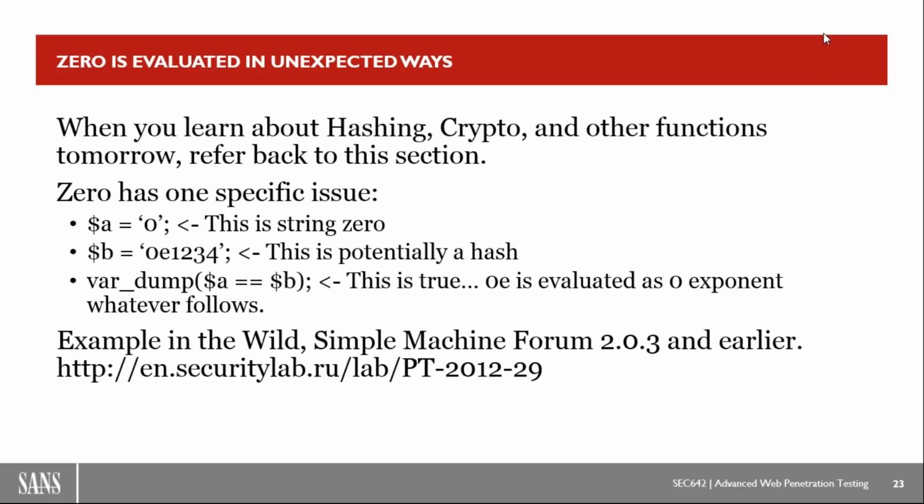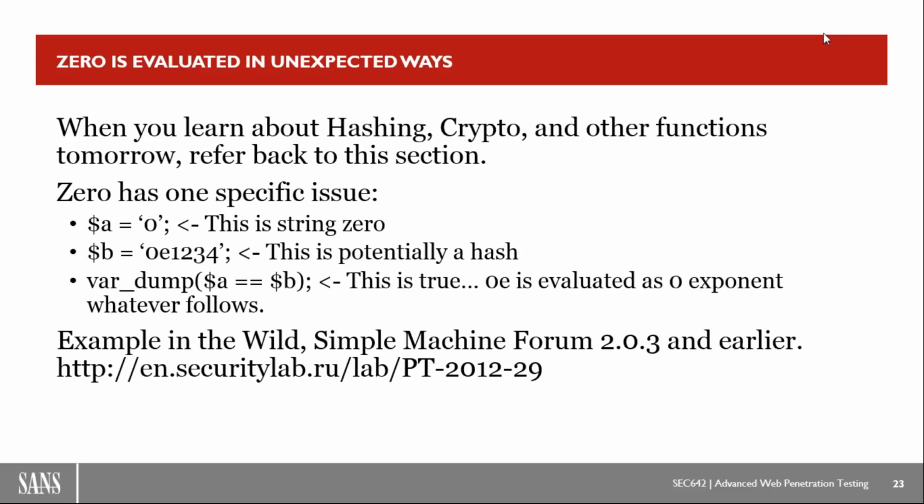You would then be asked to set the administrator's password of the forum, and you'd be able to take over the forum. Pretty evil, and it was all because of this type conversion error. I thought that's a pretty realistic, practical example of where this kind of stuff can go wild, just wrong, because 0 gets evaluated in unusual ways.